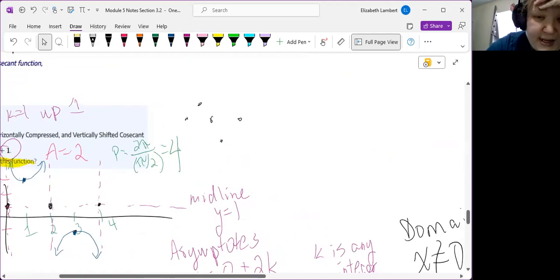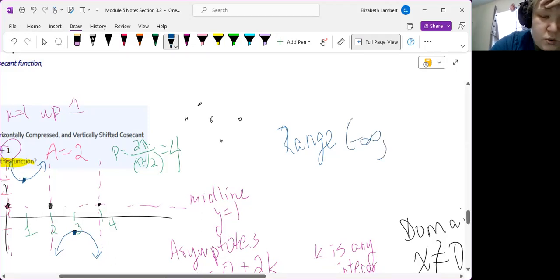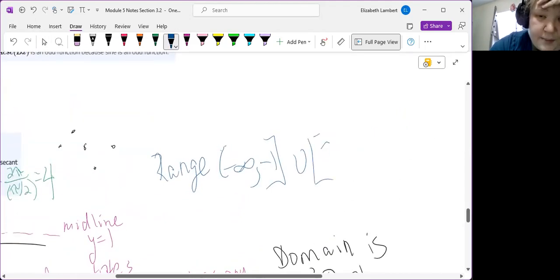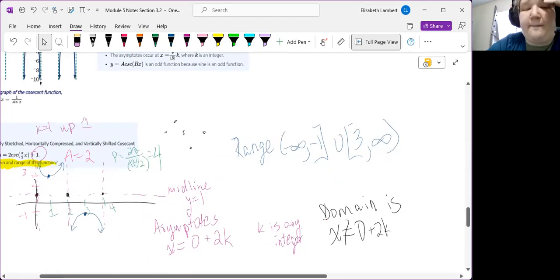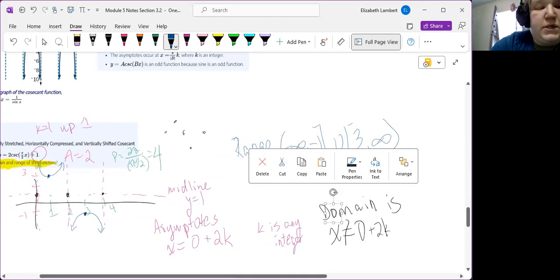So our range is going to go from -infinity to -1 with a bracket, and then from 3, which also gets a bracket, to infinity. So the sine's range would be from -1 to 3.